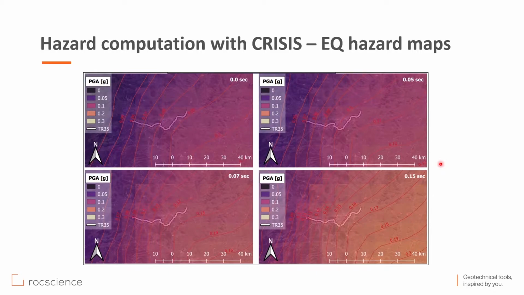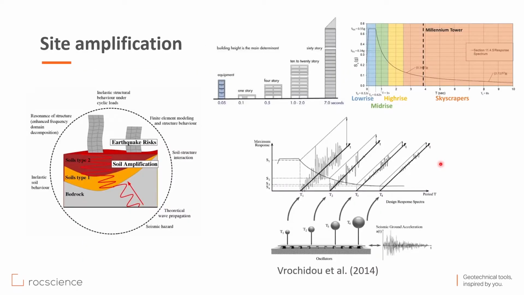These are the following response time periods: 0, 0.05, 0.07, 0.15, 0.4, 0.7, 2, and 3 seconds. The following return periods were used: 95, 225, and 475 years. And another step is the site amplification.